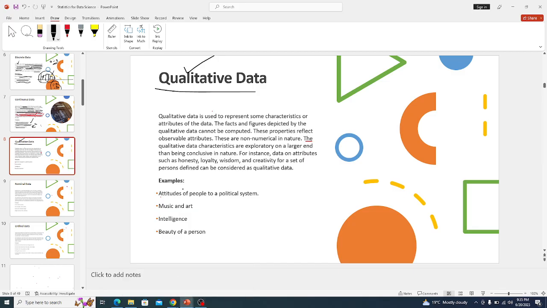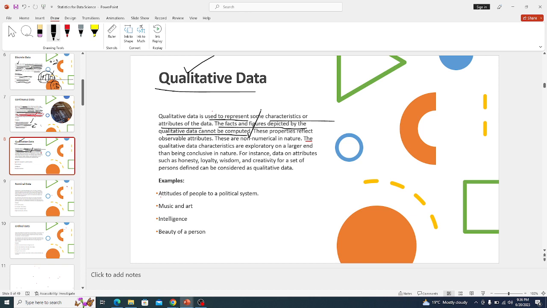All right, good. So I want us now to see what qualitative data is. Qualitative data, we've said, is used to represent characteristics or attributes of what? Of data. So this basically gives us attributes. The facts and figures depicted by qualitative data cannot be computed.